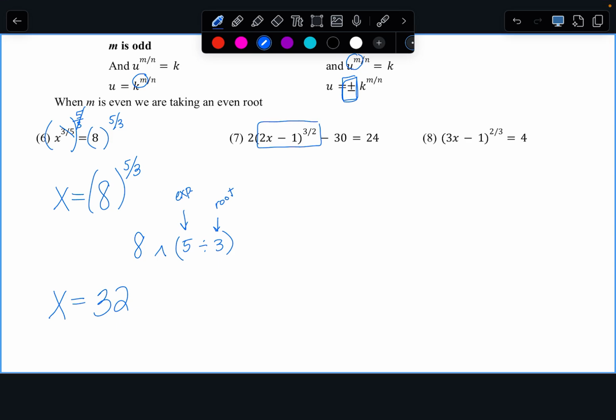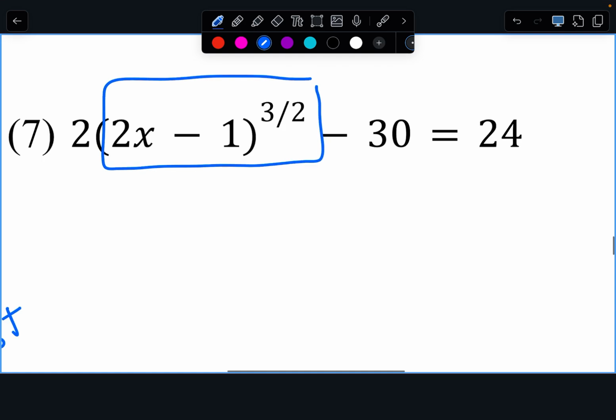All right, so here, what we're gonna do is divide by two, or excuse me, add 30 first. So, like, if this had been 2x minus 30 equals 24, same idea. It's just the x in this case is a whole lot messier.